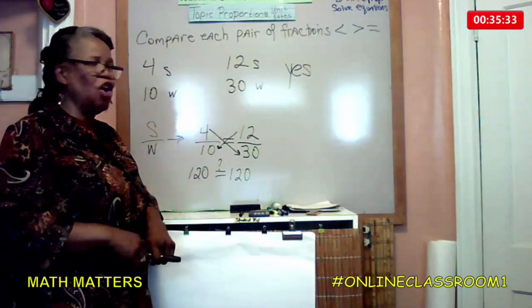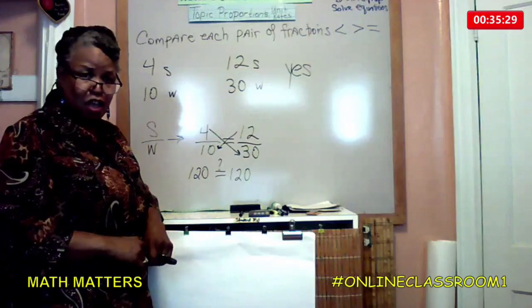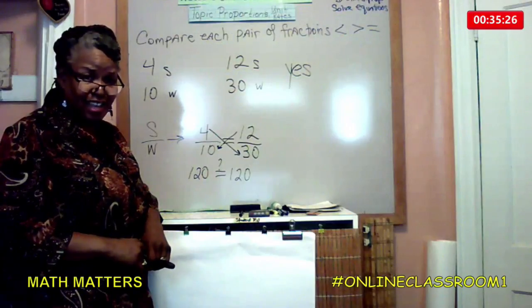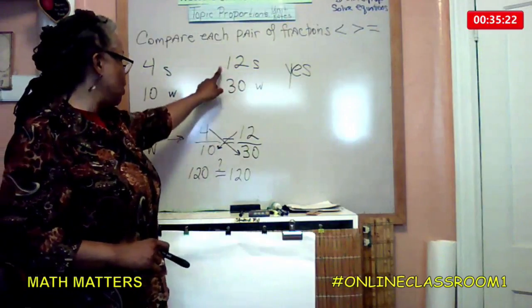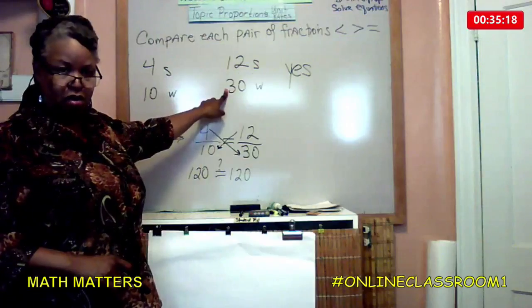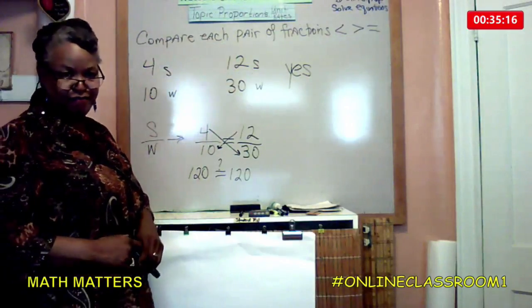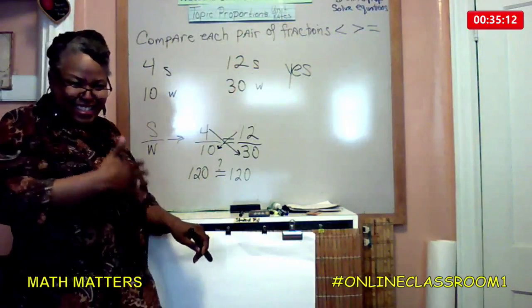So go right ahead and increase your recipe. You won't make a mess. You'll just prepare for more guests. So 12 scoops with 30 cups of water, go for it. You'll be all right and it'll be good.